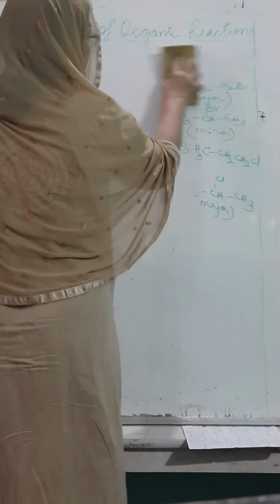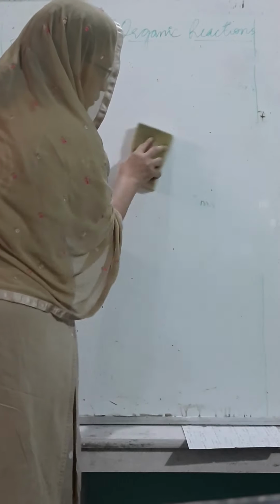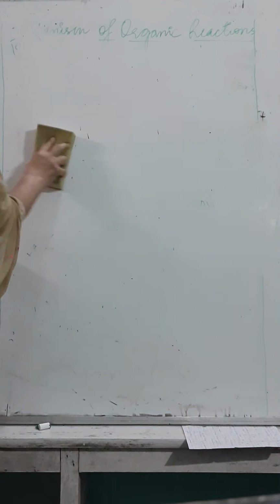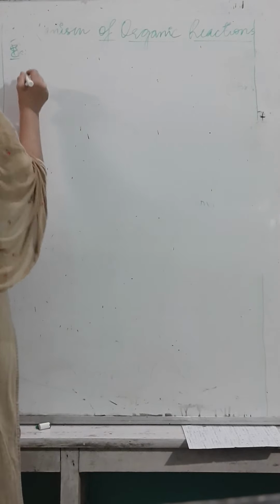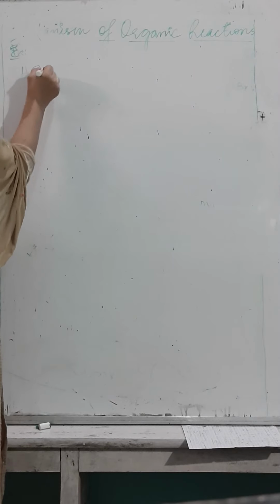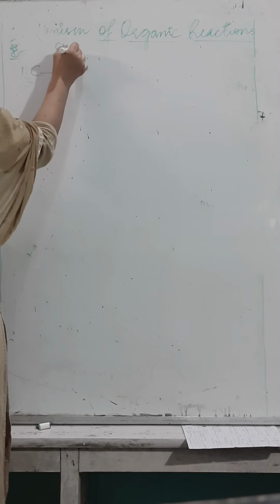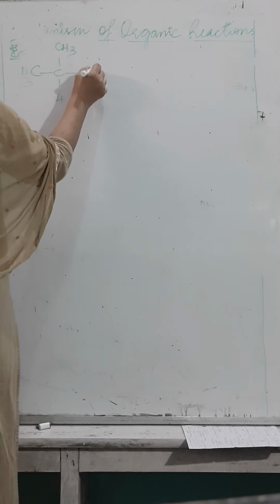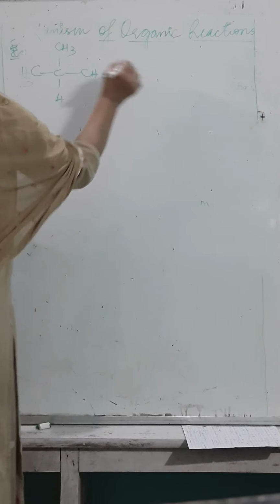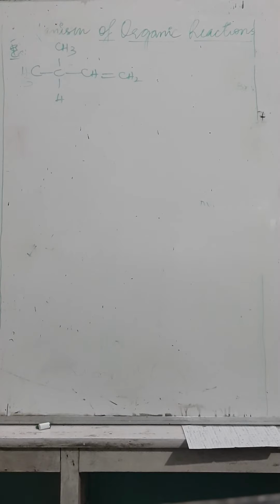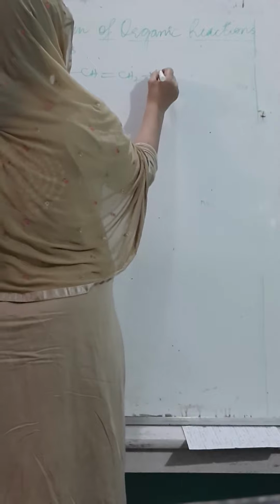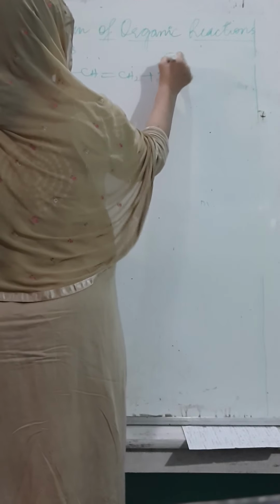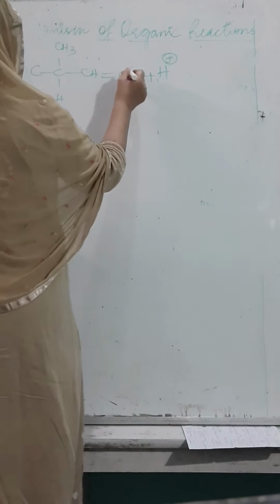How is it possible? 1,2 hydride shifting. We will take a very important example: CH3, CCH3, H, CH, double bond CH2, 3-methyl but-1-ene, added with H plus, an electrophile.